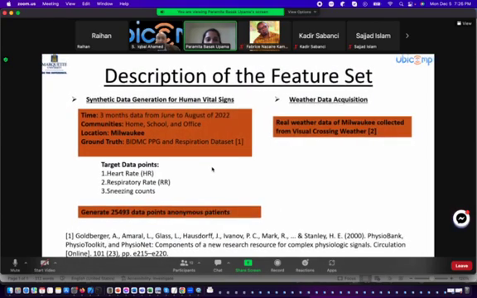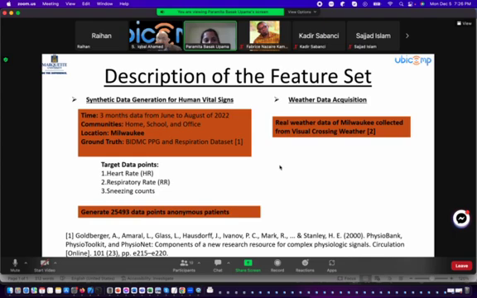We have used synthetic data for human vital signs, which are based on the actual data, but we need a lot of data. That's why we couldn't directly use human subjects or any kind of survey. That's why we had to develop synthetic data. We have used 3 months of data from June to August of 2022.